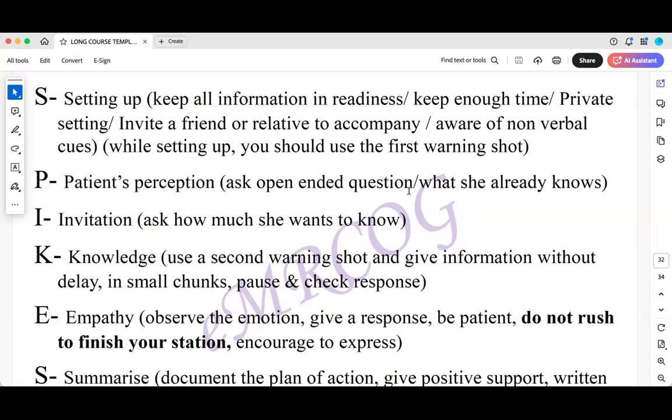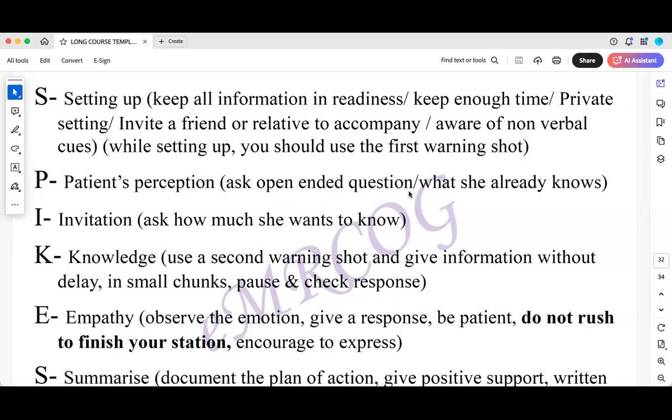So I can see, for example, you are here by yourself today. Would you like me to invite somebody to attend with you? That's because I have a lot of information to discuss with you. When you say that, the patient will understand that there is something serious, and you are giving her the first warning shot.